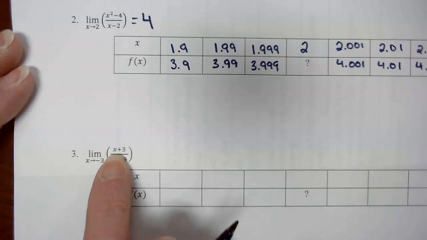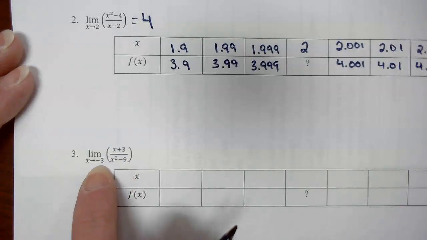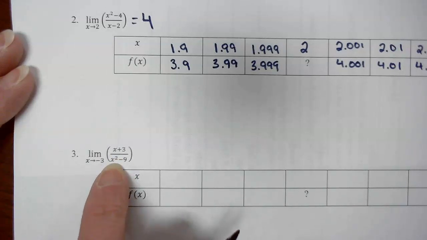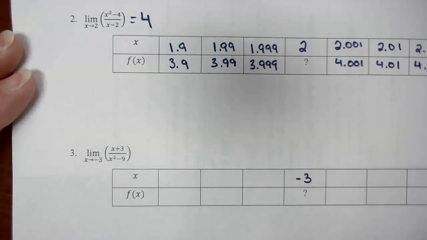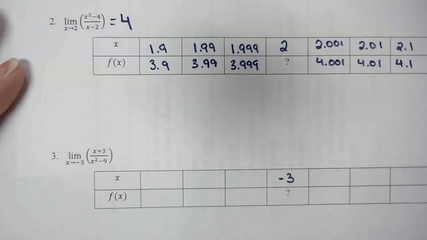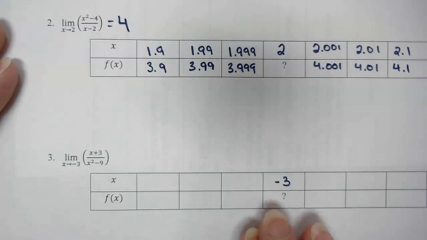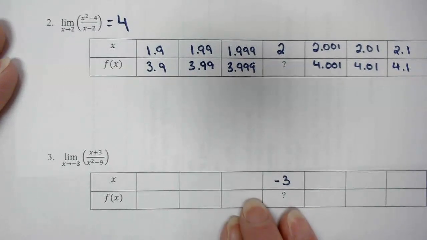The limit of x plus 3 over x squared minus 9 as x approaches negative 3. If I try to plug negative 3 in, I would get 0 over 0. That's bad. So I want to make a table. I need to think what is just to the left of -3.